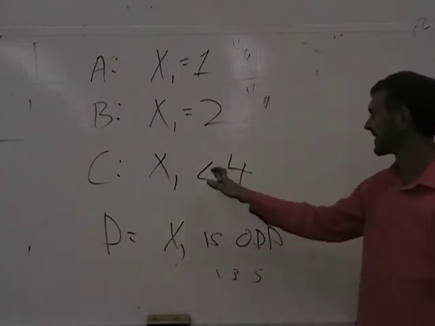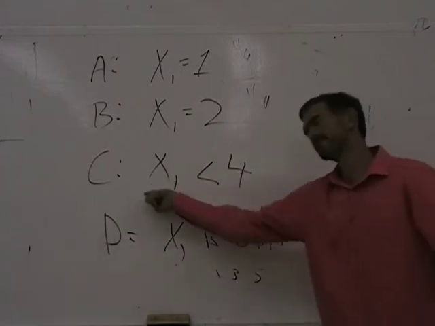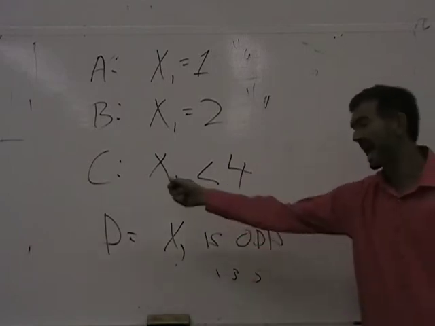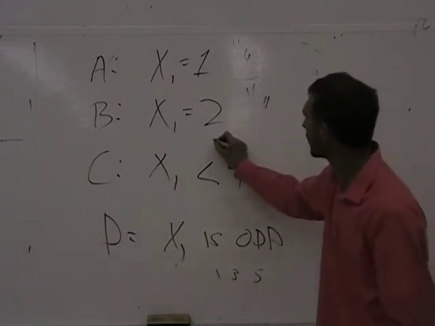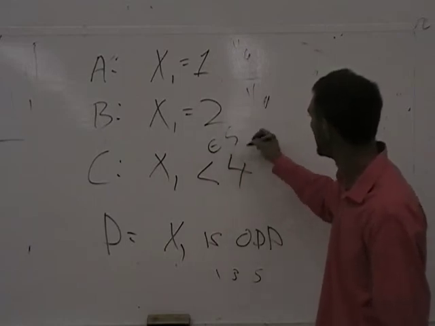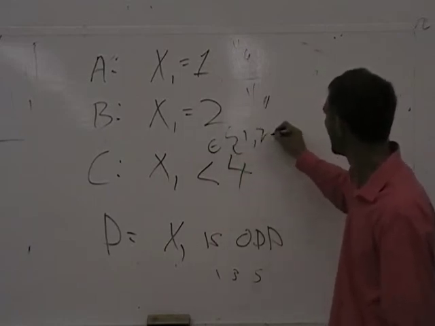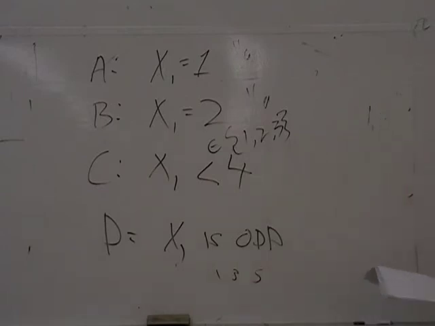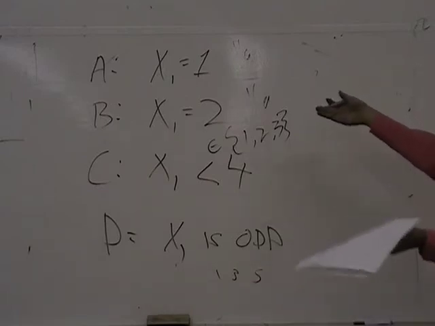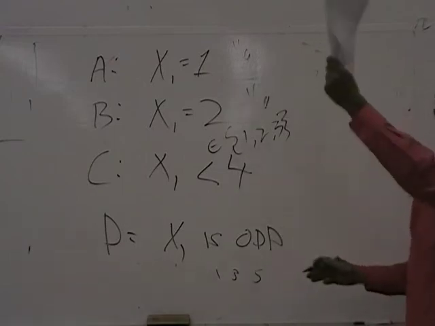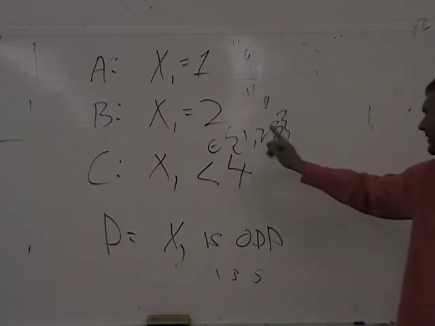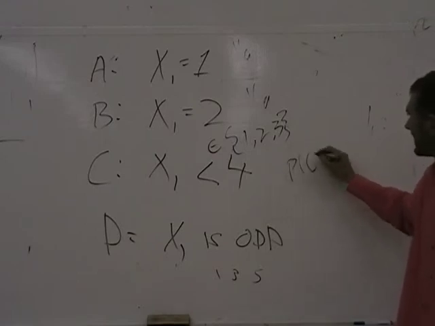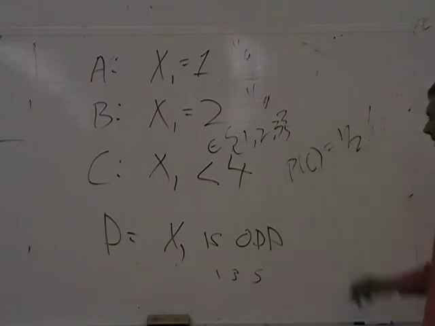So this is just a way of saying the probability that x1 is within the set 1, 2, 3. So it's half, right? It's the lower half. 1/6, 1/6, 1/6. So the probability of C is 1/2.